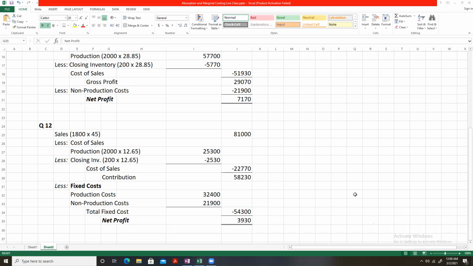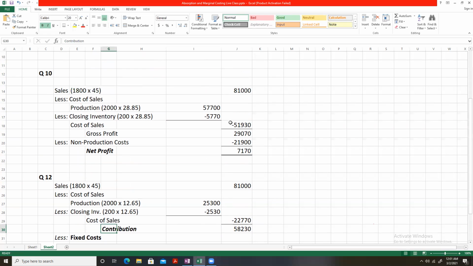Now I think we have a question. Is there anything that you need to ask? So this is how we arrived at the net profit in marginal costing. This is actually the profit statement under marginal costing, and you can clearly see the difference between the two.